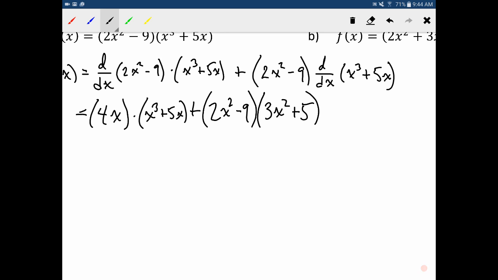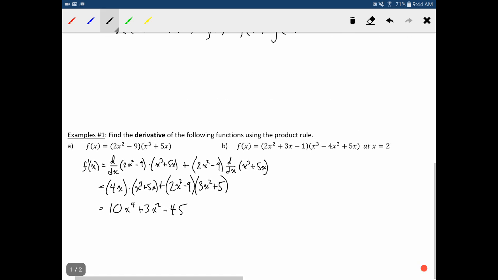There we go. We can simplify this. We won't always simplify these ones, but if you expand it out and collect like terms, we're left with 10x to the 4 plus 3x squared minus 45. Okay, and that's that.